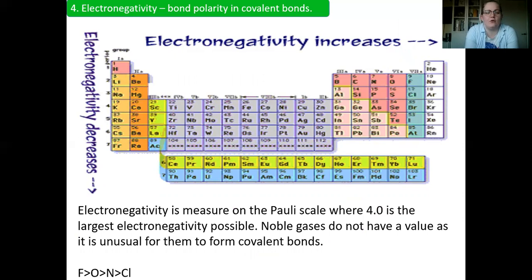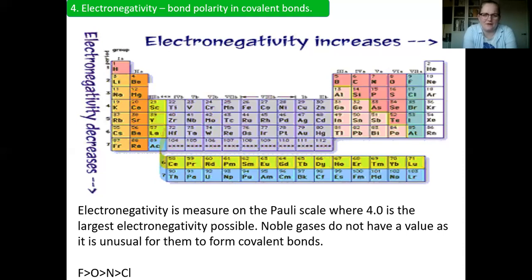So for example, lithium is less electronegative than sulfur. We measure electronegativity using the Pauling scale, where 4 is the largest electronegativity possible. Noble gases do not have a value, obviously, because it's unusual for them to form covalent bonds. They have a full outer shell, and so would have no need to form a covalent bond.